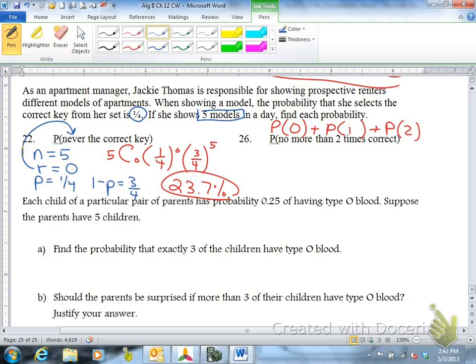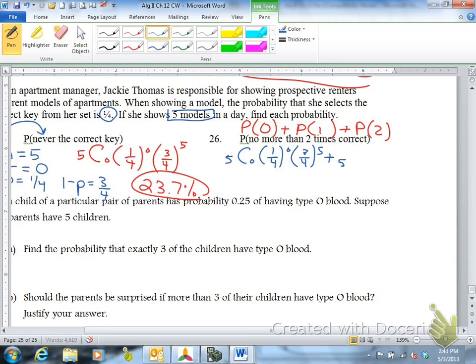So you have 5 choose 0, 1/4 to the 0, 3/4 to the 5th, plus 5 choose 1, 1/4 to the 1, 3/4 to the 4th, plus 5 choose 2, 1/4 to the 2, 3/4 to the 3rd.